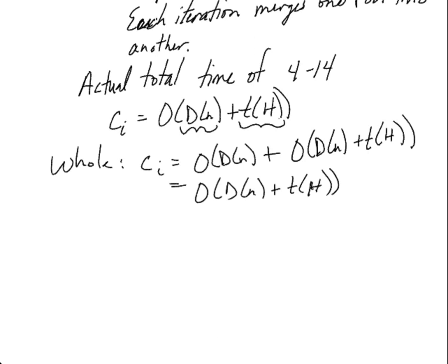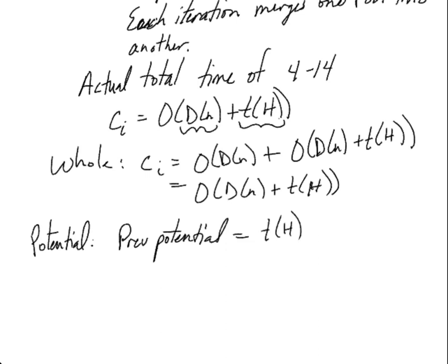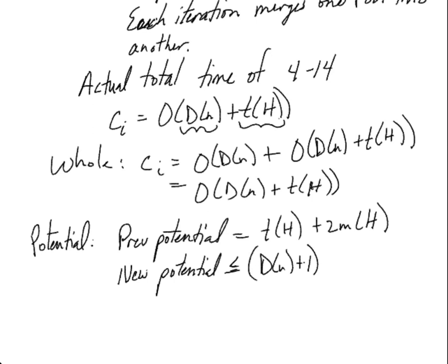Let's look at potential. Our previous potential was the number of nodes in the root list plus 2 times the number of marked nodes. What's our new potential? That's going to be less than or equal to d of n plus 1 plus 2 m of h.